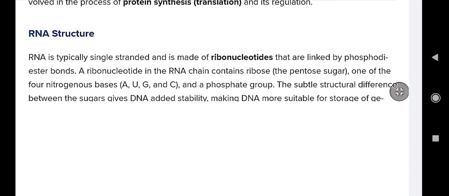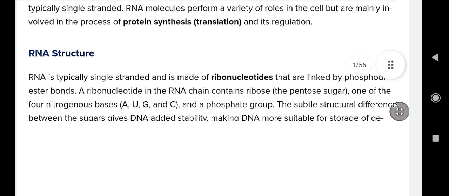So the ribonucleotide which makes RNA is the same as in DNA, but instead of thymine it consists of uracil. The nitrogenous base is attached to the pentose sugar with a glycosidic bond, and the phosphate group is attached at the C5 prime position of the pentose sugar. This makes a ribonucleotide, and one ribonucleotide is attached to another by a phosphodiester bond.